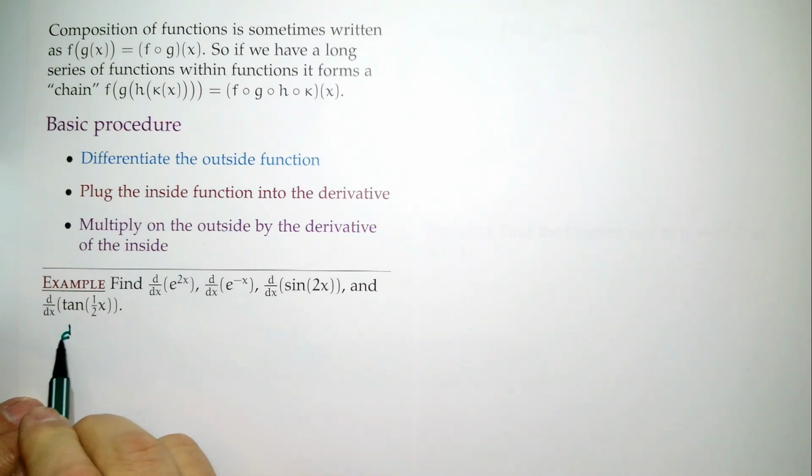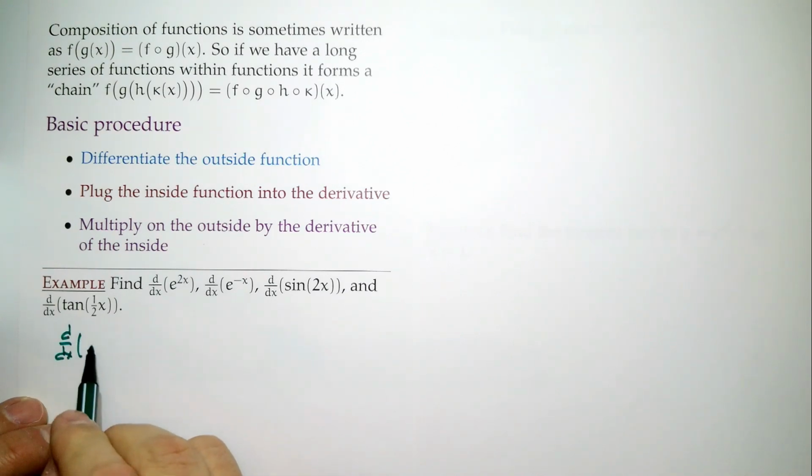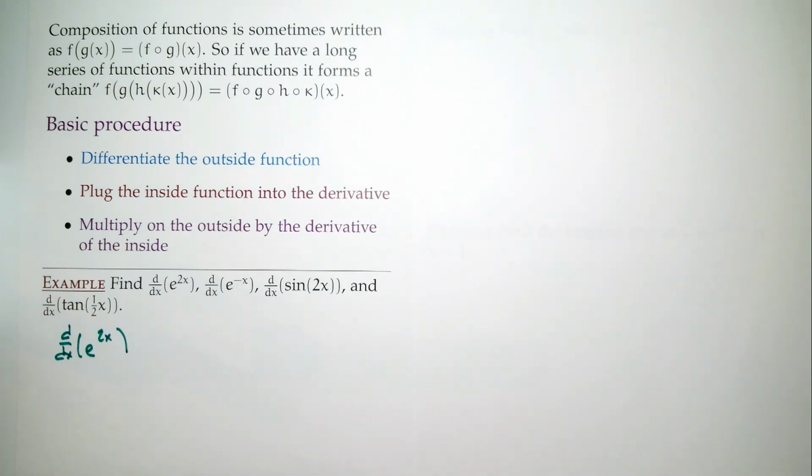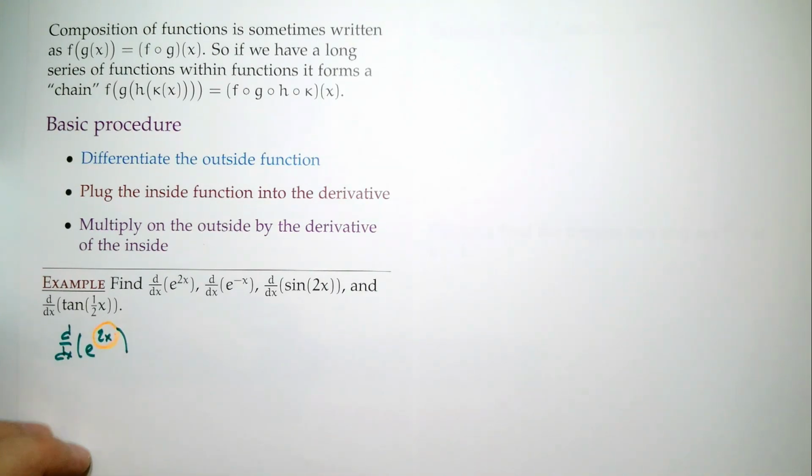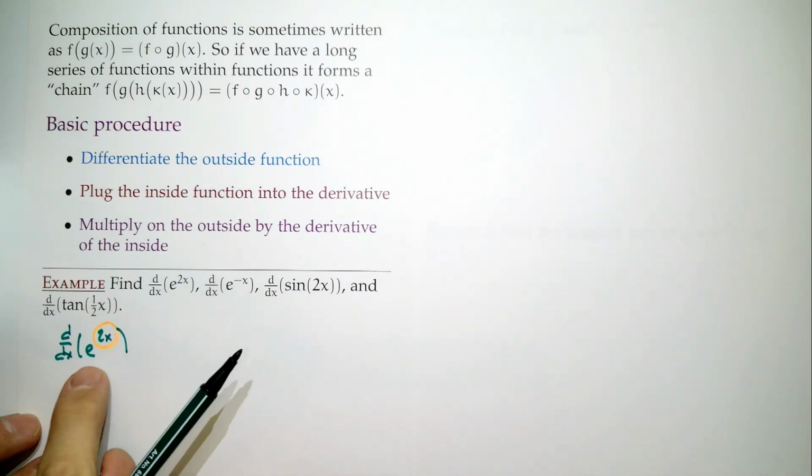So, suppose I want to do the derivative of e to the 2x. Well, what's on the inside? The 2x. So the 2x is my inside function, that would act as my g of x. What's my outside function? The exponential function. The derivative of e to the x would be what?